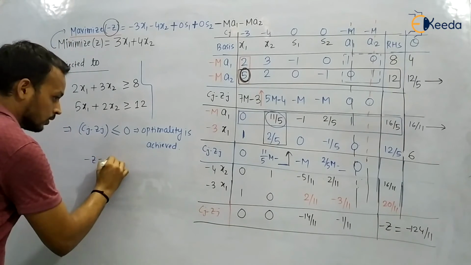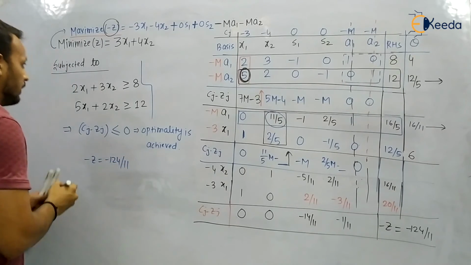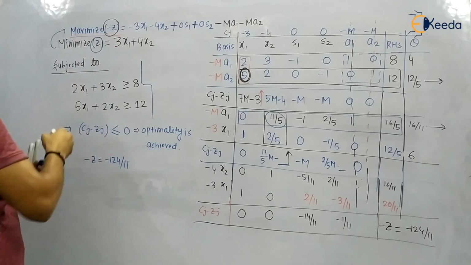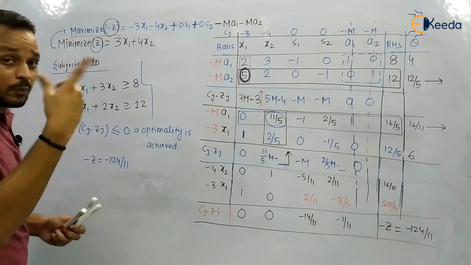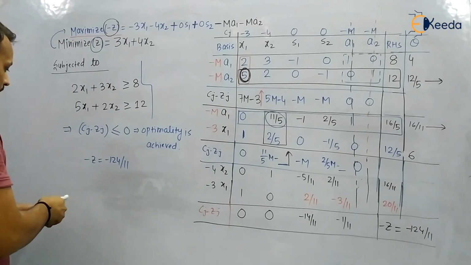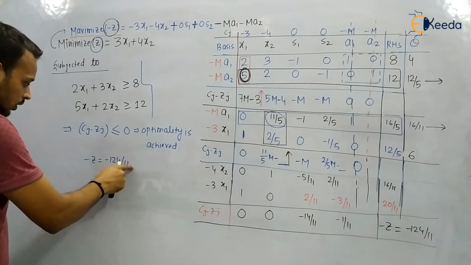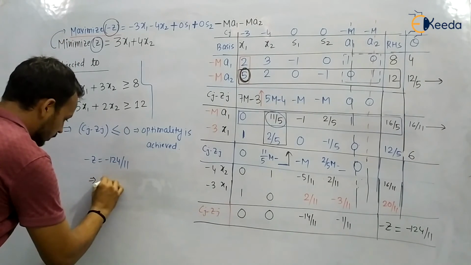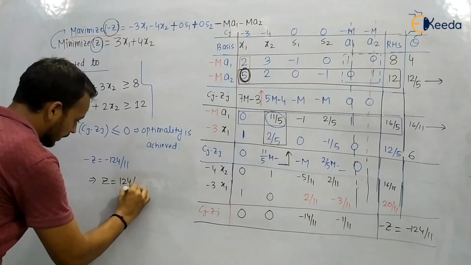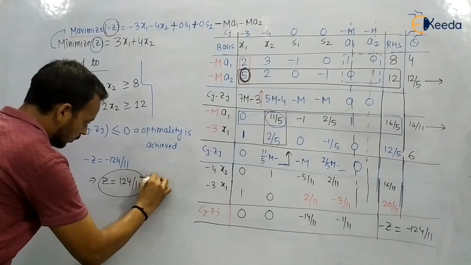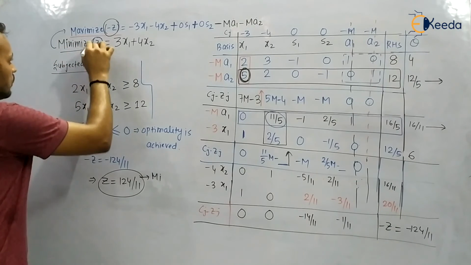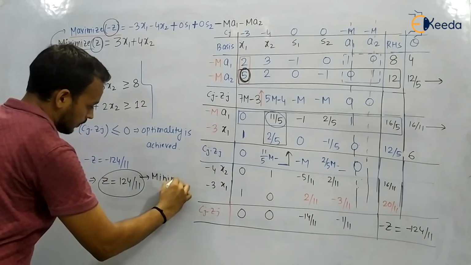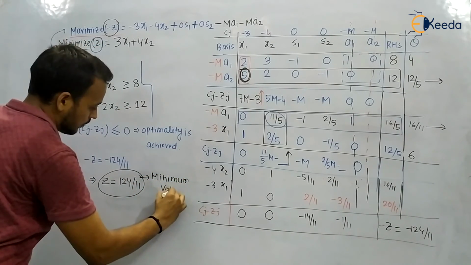Minus Z is minus 124 by 11, but you have been asked to minimize Z. Okay, so it is the maximum value of minus Z. This minus 124 by 11 is the maximum value of minus Z, but you have been asked the value of Z. So Z is 124 by 11, and this is going to be the minimum value. Okay, because the original question is of minimization. Okay, this is the minimum value.